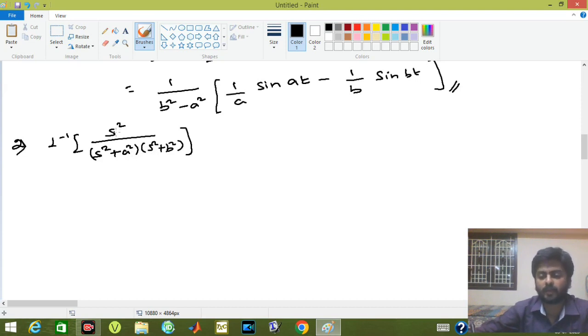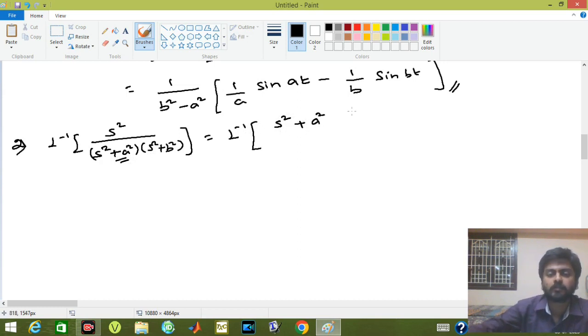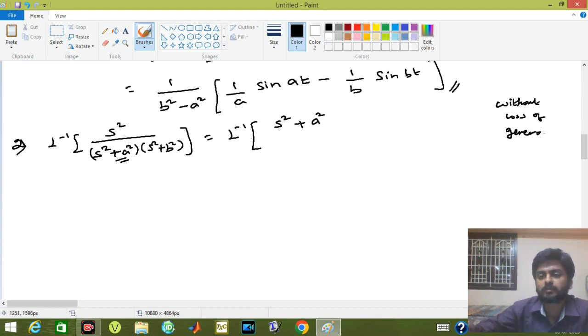In numerator we are having a single term s square. So I am going to take this as L inverse of s square. In the denominator I am having plus a square, so I am adding plus a square. But whenever I am adding something I have to subtract something, that is called without loss of generality.